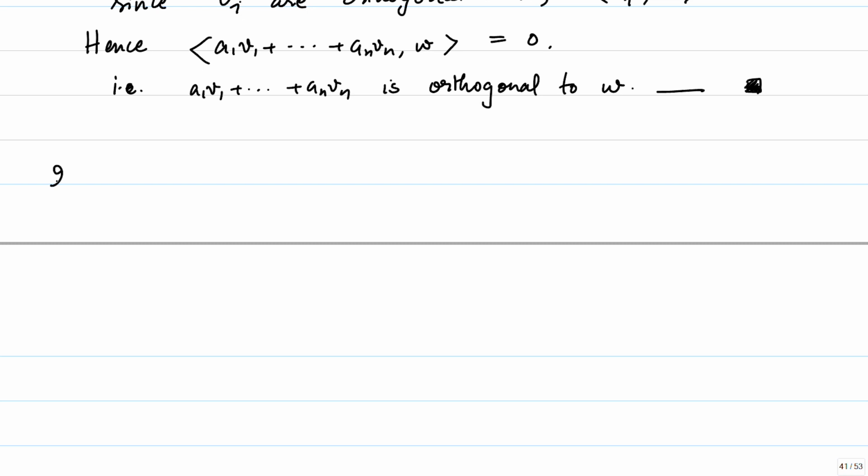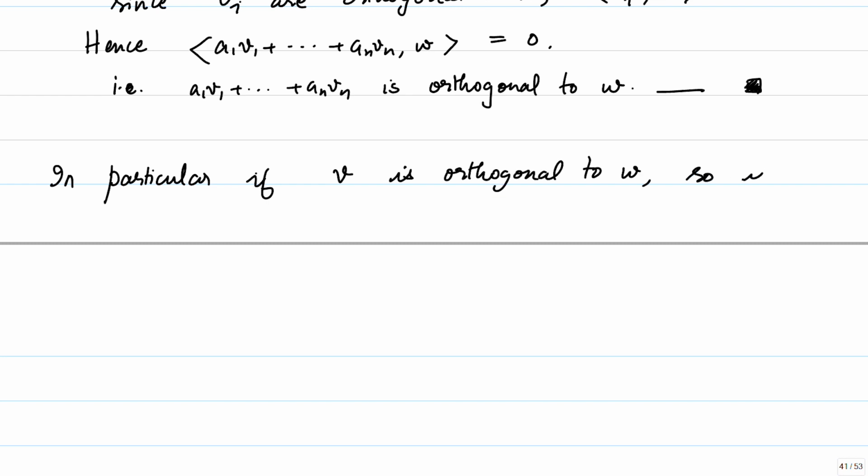So in particular, if v is orthogonal to w, so is c times v, where c is a scalar, and hence any vector in the entire subspace will be orthogonal to w.